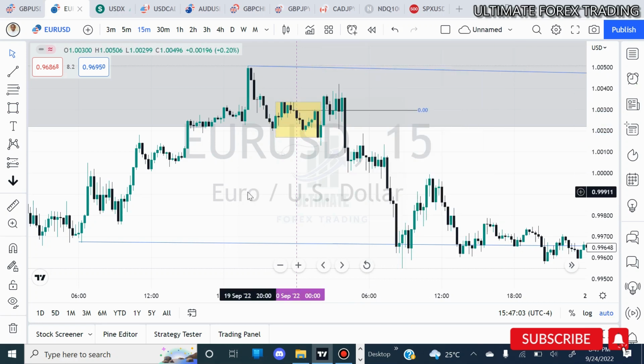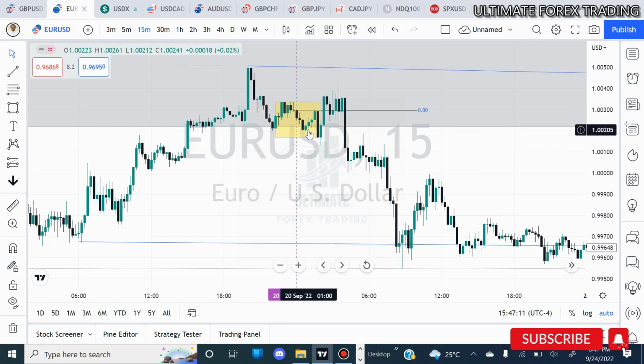Let's change this thing, right? And we have price like broke market structure here, and it now move to break the opposing market structure on the 50 minutes also.